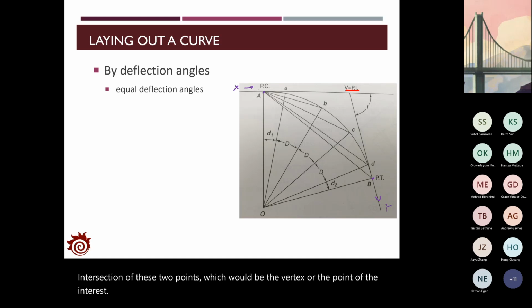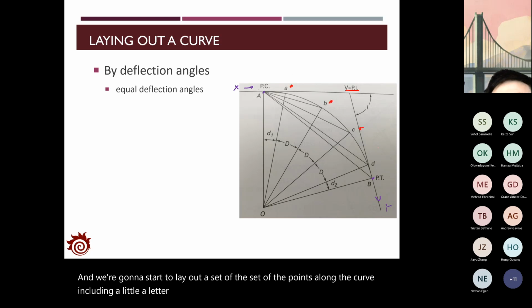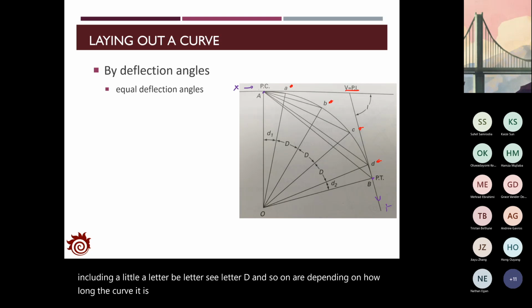And we're going to start to lay out a set of points along the curve, including a letter A, letter B, letter C, letter D, and so on, depending on how long the curve is and what kind of interval you want to specify.